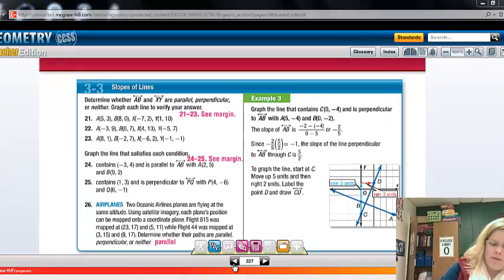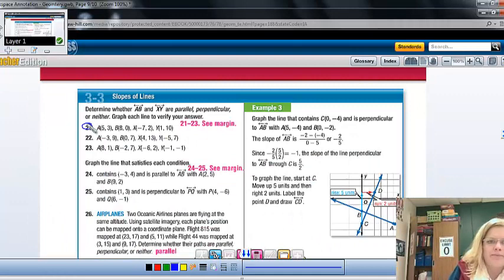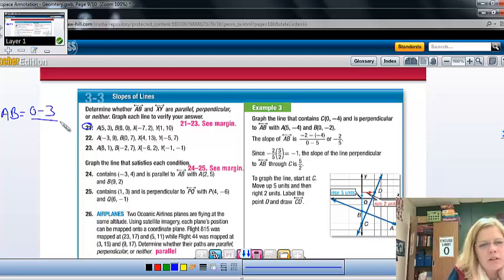Okay, let's do 21. If I had done the slope of AB, what is that? These two right here. 0 minus 3 over 8 minus 5. That's negative 3 over 3. Well, what's negative 3 over 3 reduced down to? Negative 1.